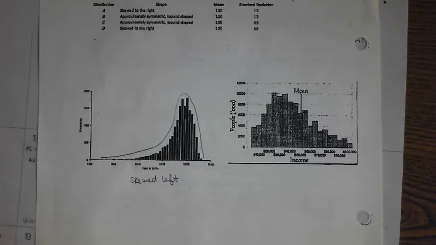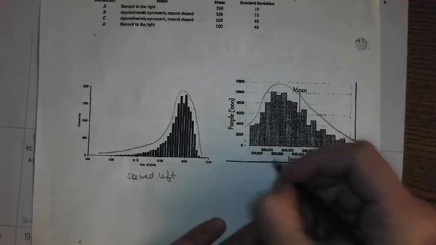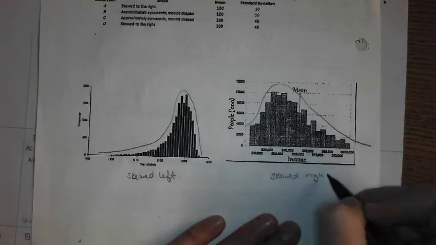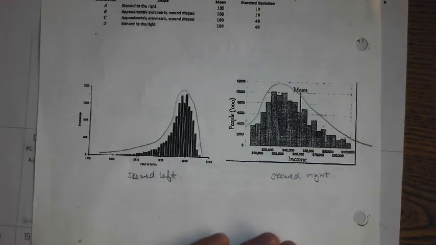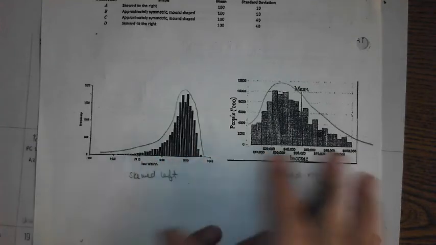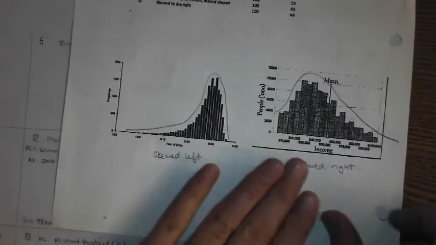Wherever that tail is, if it tails to the left, it skews left. And this one tails more to the right than it does in the other direction, so we would say that this is skewed right. Okay, so I just want to get those vocab words out. I don't need to do any more with that. So I just want to make sure we touch that.